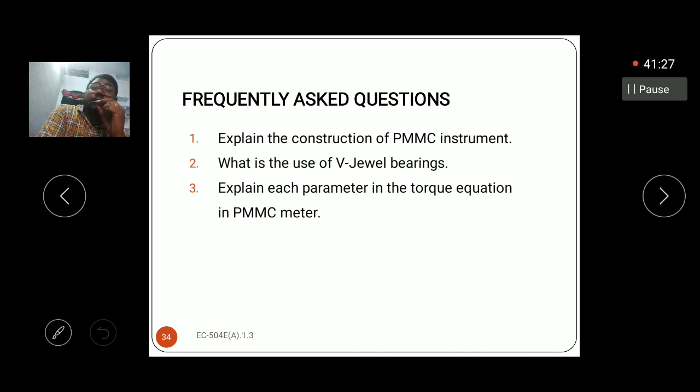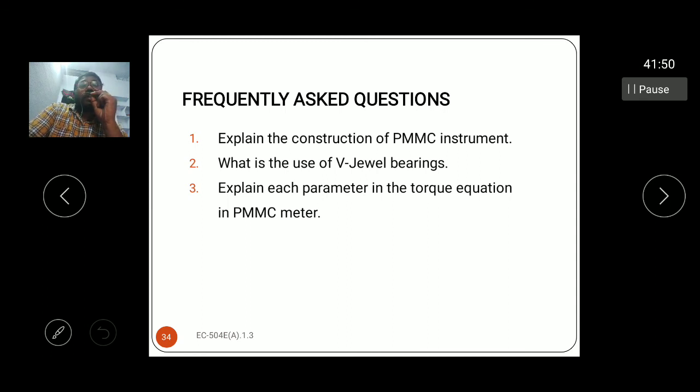The main important things, frequently asked in examinations, are the construction of the PMMC instrument, the working principle of the PMMC instrument, the torque equation in the PMMC instrument, and also what is the use of the jewel bearings. There may be a chance of these being asked in short and competitive examinations.